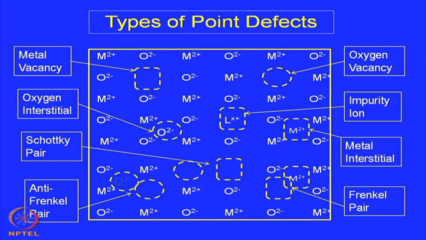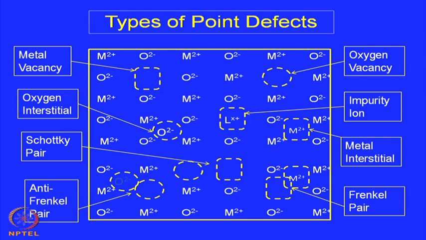Now, in this diagram, it is a little complicated, a little busy diagram, but very simple in a sense once we know the principle. Basically, we have a lattice, an MO type oxide, a metal oxide, a divalent metal oxide. M is divalent, oxygen is anyway divalent.